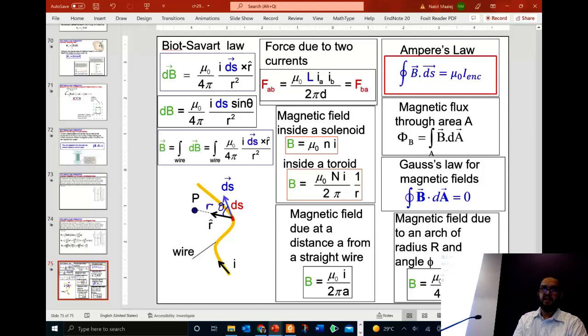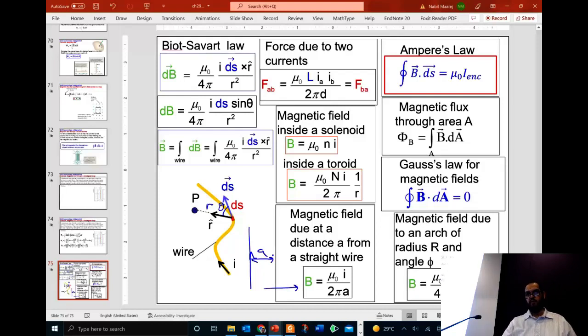We used this integral to derive the magnetic field due to an infinitely long wire with current I, and we found it is equal to mu0 I divided by 2 pi a, where a is the perpendicular distance from the point of interest. This is the equation for determining the magnetic field.